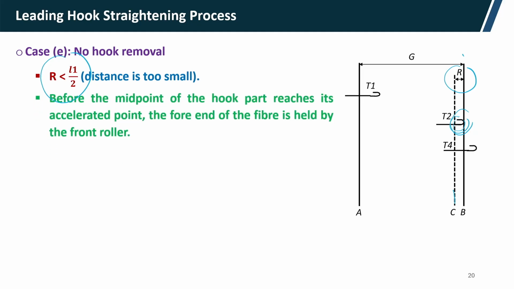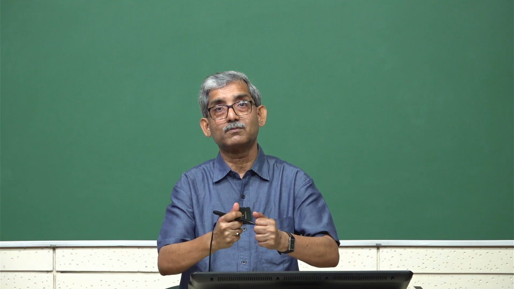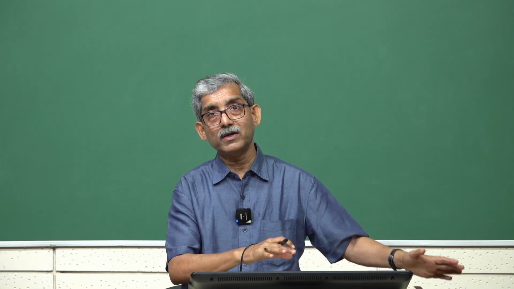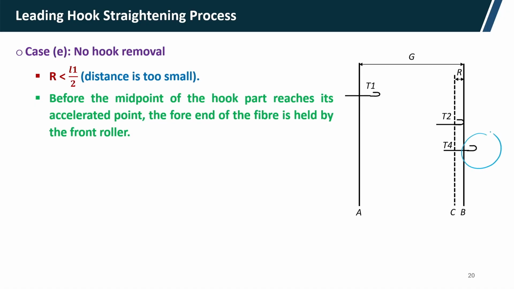So, before the midpoint of the hook reaches the accelerating point, the fore end of the fiber, this is the fore end, not the leading end, is held by the front roller nip. The midpoint of the hook has not reached the accelerating point, so the hook is not getting the speed of the front roller, and before it does, the fiber hook is gripped by the front roller.